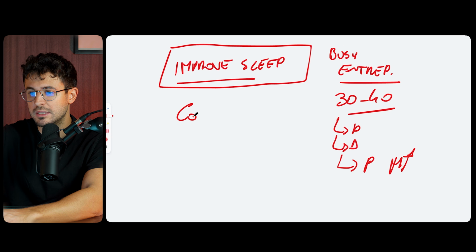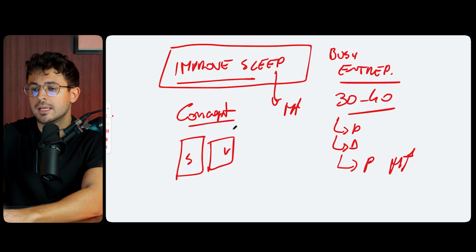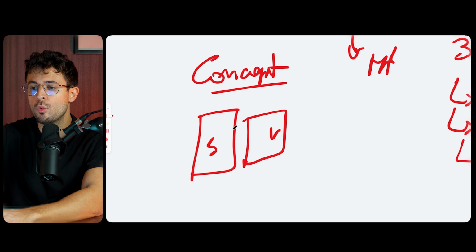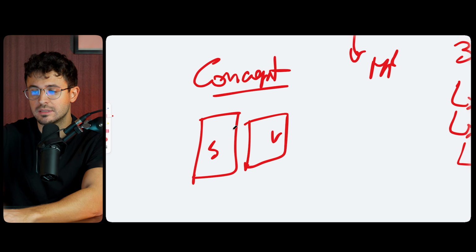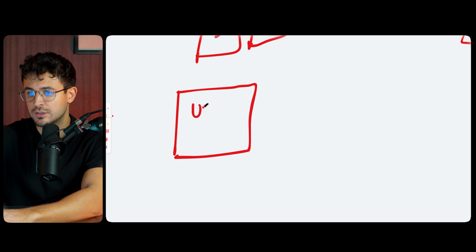So our concept is how we deliver this message, which is improve sleep in order to make more money, visually, either through a static or through a video. This is how we want to identify a concept. Just to give you an example, we might have an us versus them format here.